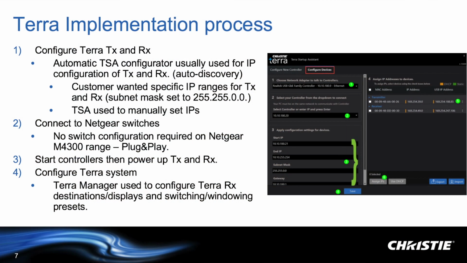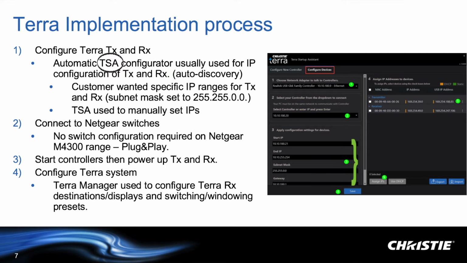So the implementation process, the first thing that we did was to give each transmitter and receiver an IP address. We normally use a little bit of software we call TSA to do this automatically.